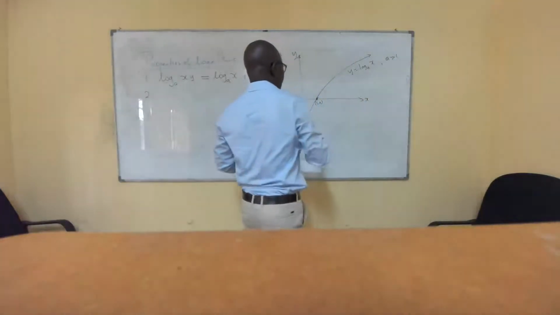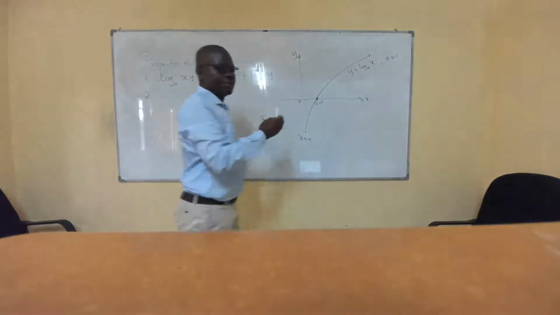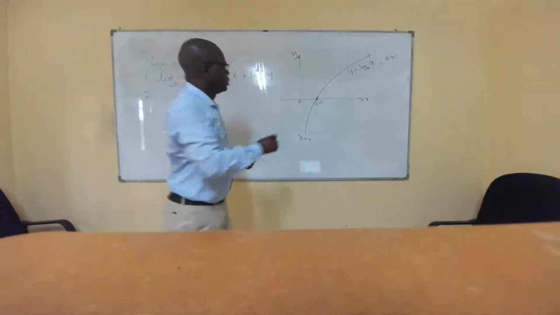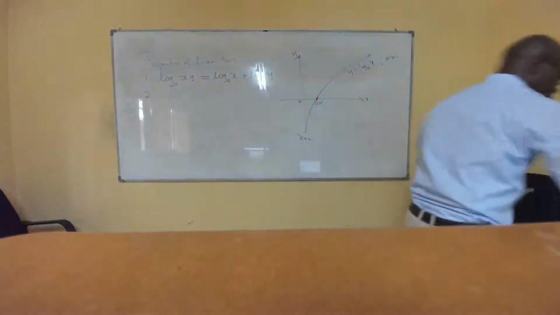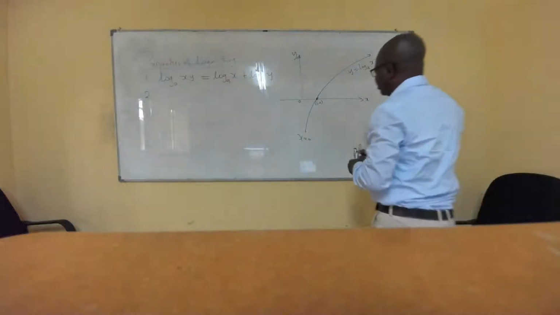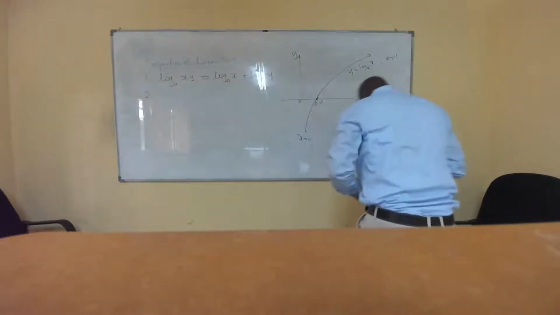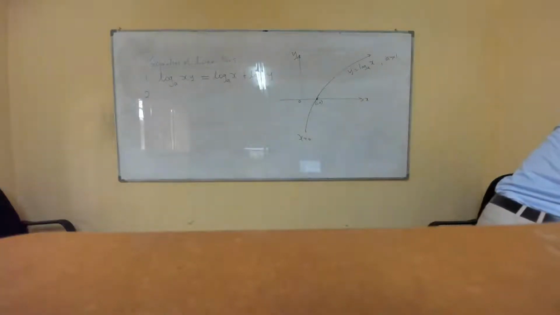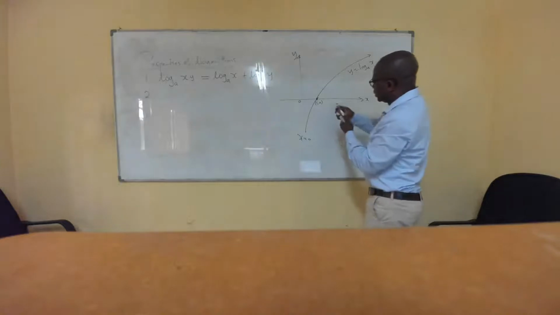However, when a is between 0 and 1, we expect to have a graph which is going to look like this.